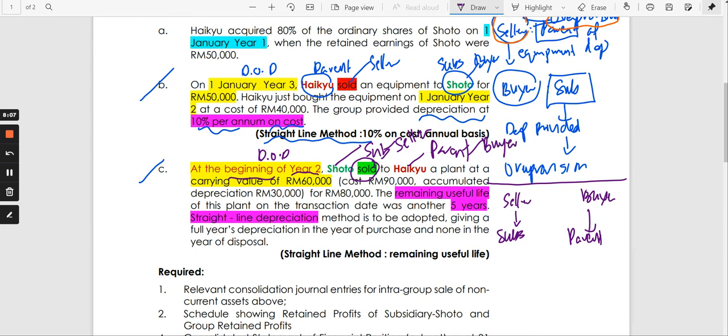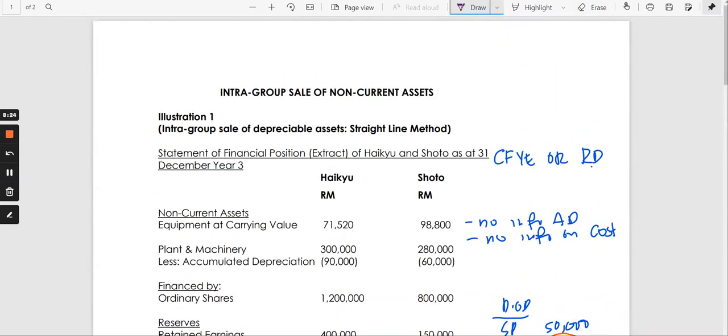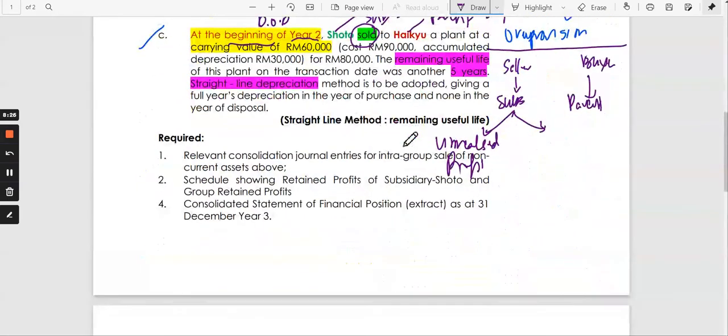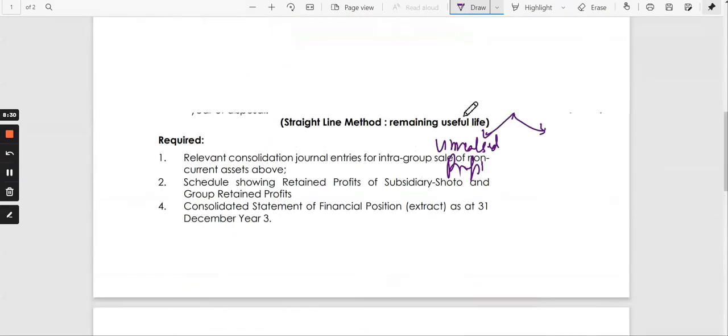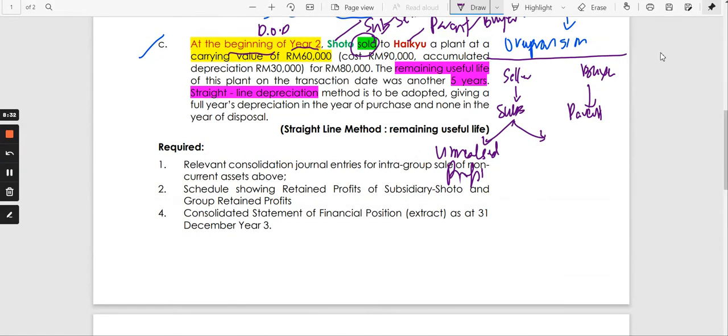So the seller will have to make adjustments, as I said. One is for the unrealized profit. Another one is to adjust for the depreciation. So it has to be adjusted by the seller.